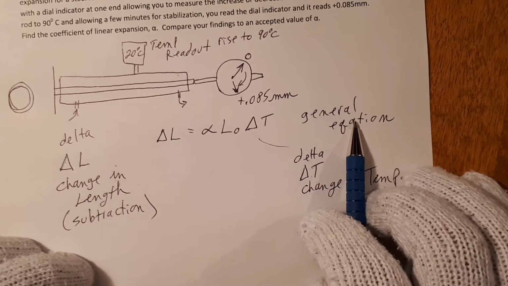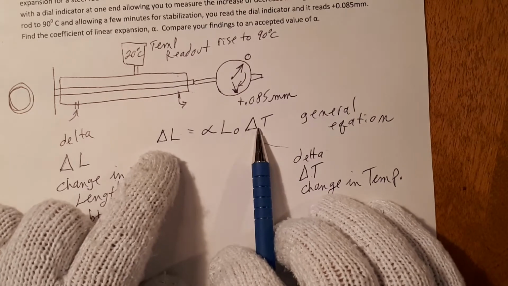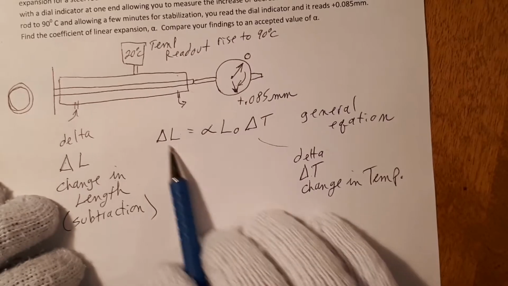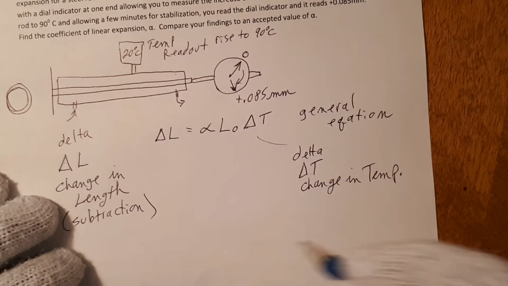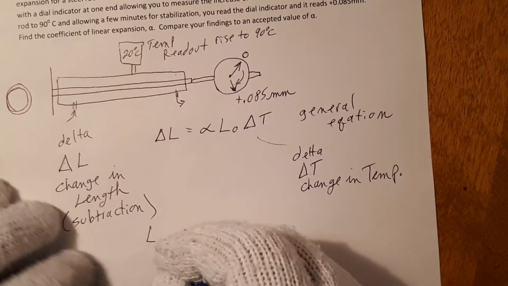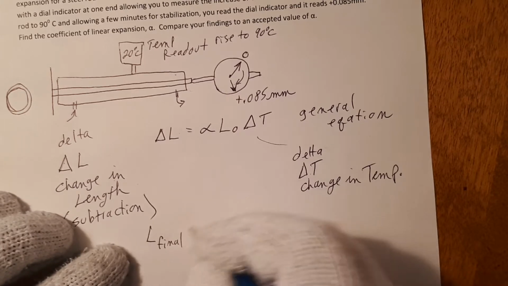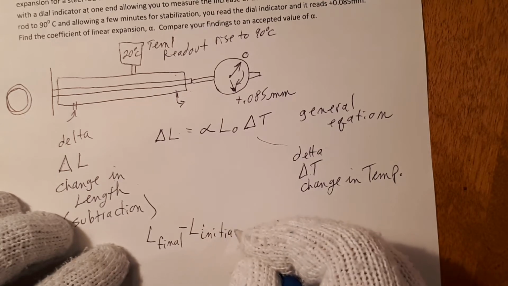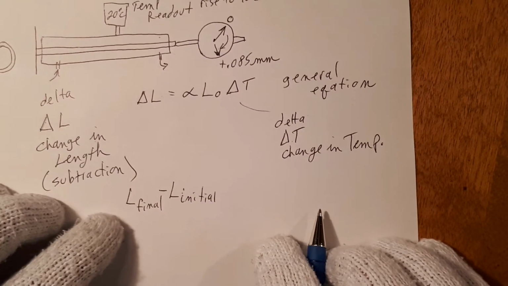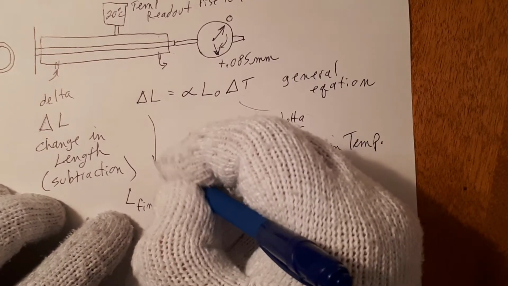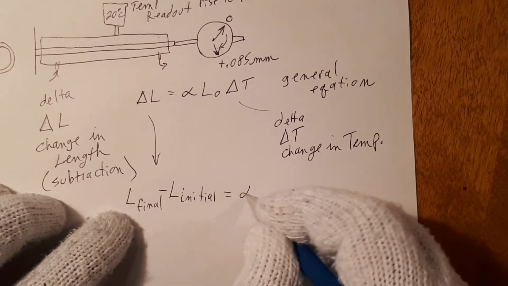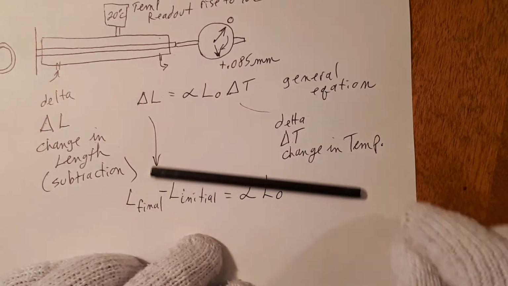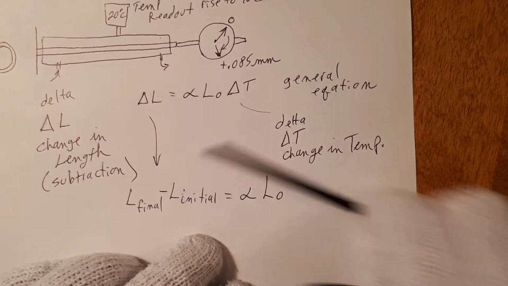If this is the general equation, let's expand these two, delta L and delta T, to see what it looks like. In the expanded form, delta L, the subtraction itself, looks like this. It's the final length minus the initial length. Delta L is equal to alpha times L naught, the original length of the bar, in our case the original length before being heated.